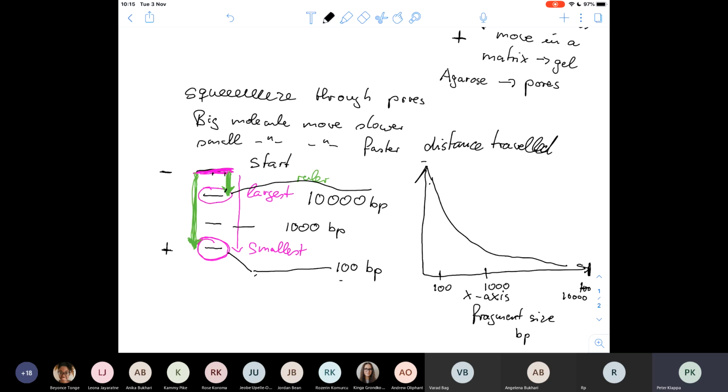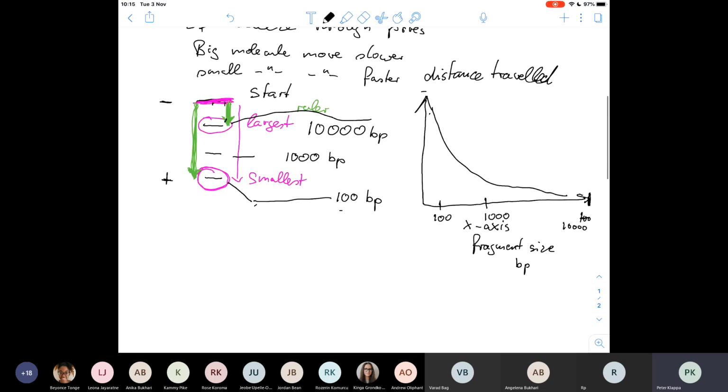Doesn't look like a straight line, does it? The trick here is that it is not linear. That is not a linear relationship between fragment size and distance traveled.